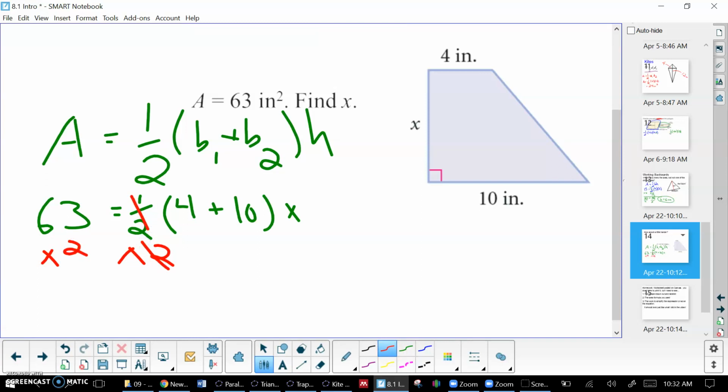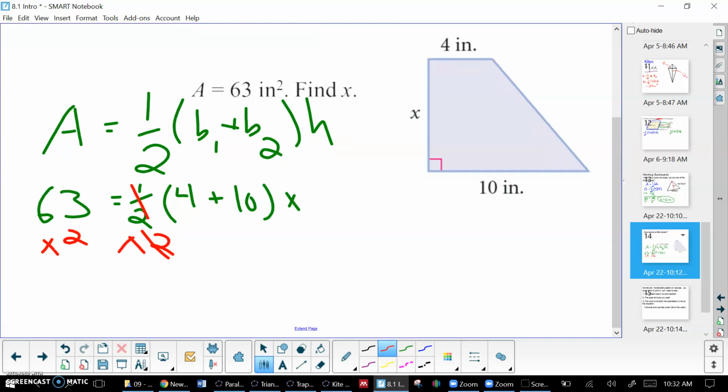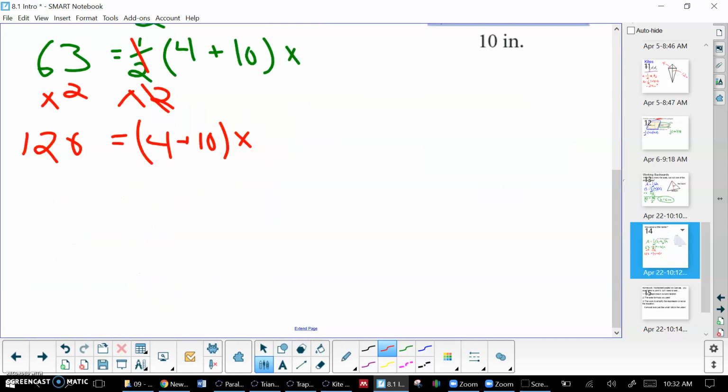And that's going to give me, on this left-hand side, 126 equals 4 plus 10 times x. Then I need to simplify. So 126 equals 14x. And then I can just divide both sides by 14.